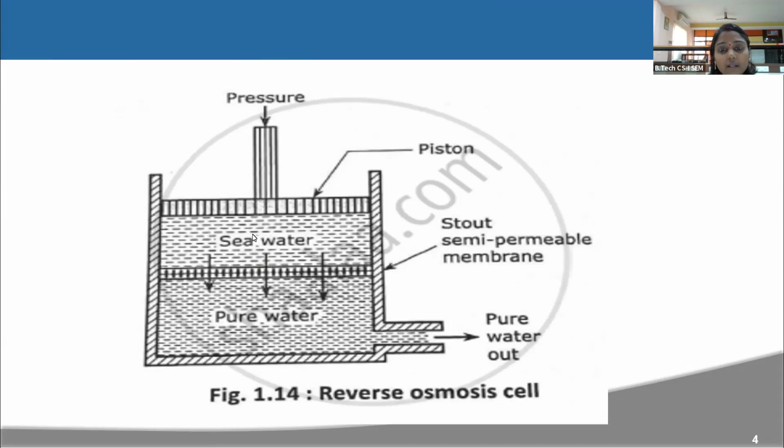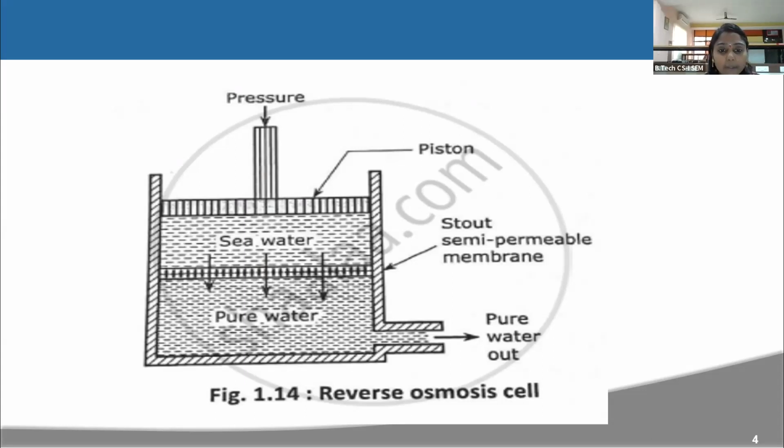The bottom compartment contains pure water, which has a lower concentration.